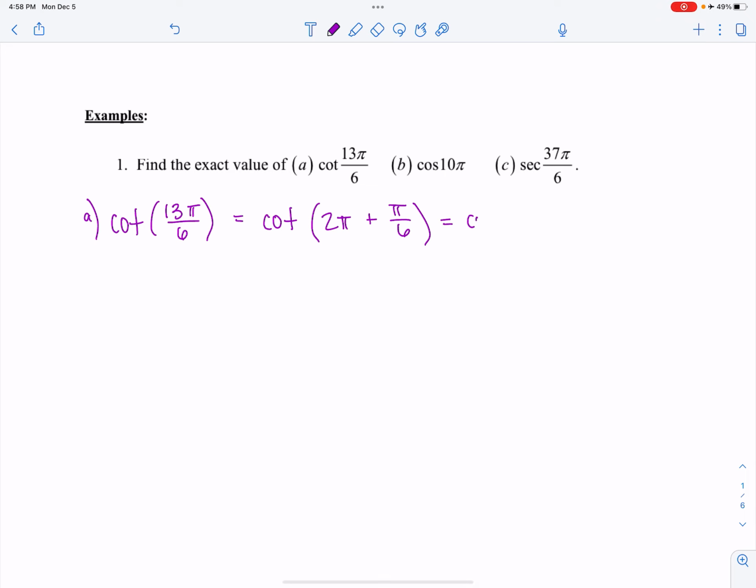So really, we just need to find out what is the cotangent of pi over 6. And that's where we're stopping on our unit circle. And knowing what we know about our trig functions and our properties and the unit circle itself, we know that cotangent of pi over 6 is rad 3.